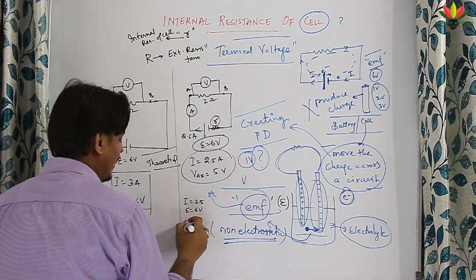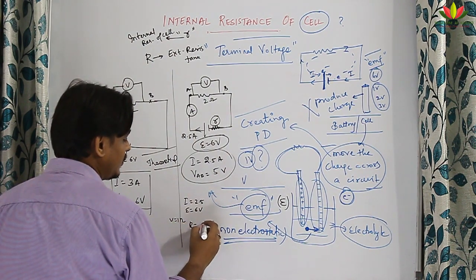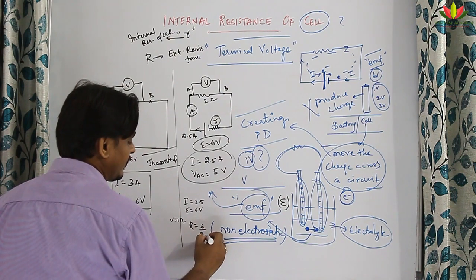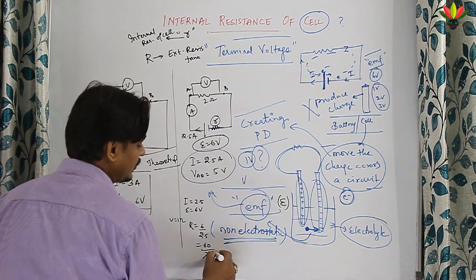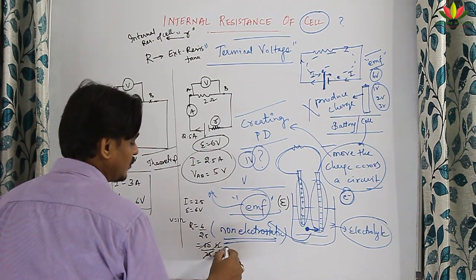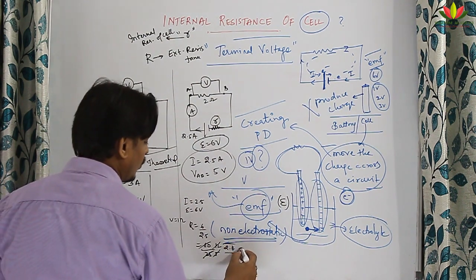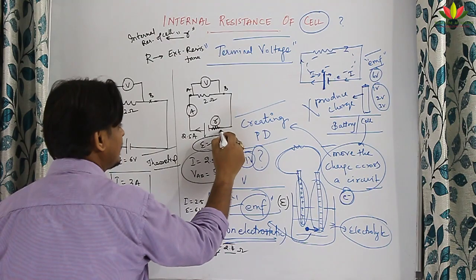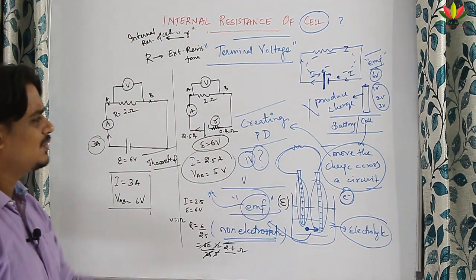Definitely V is equal to IR, so R should be V by I. So, R will be equal to 6 by 2.5. When you solve this, it becomes 60 by 25, and definitely it is 2.4 ohms. This is 2 ohm, this will be 0.4 ohm.